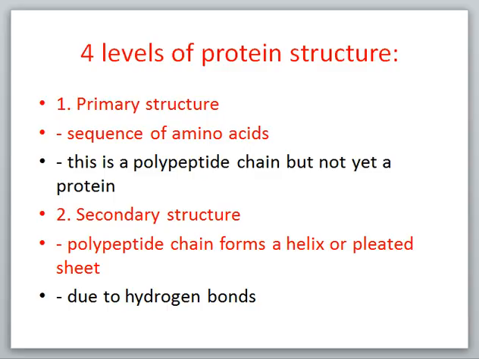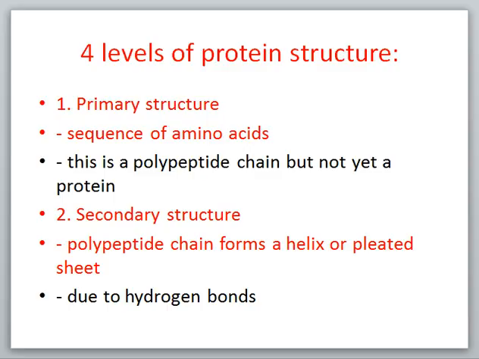And the shape of the protein is critical to the protein being able to function properly. So when we look at proteins, we have a little bit more involved structure. So let's look at this.